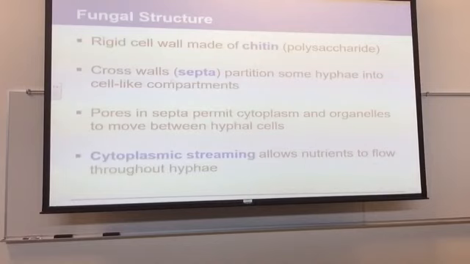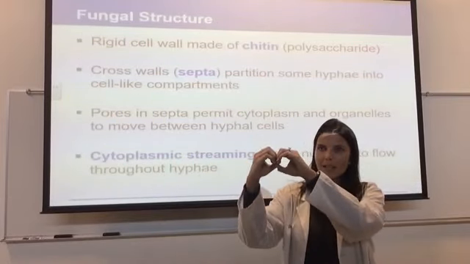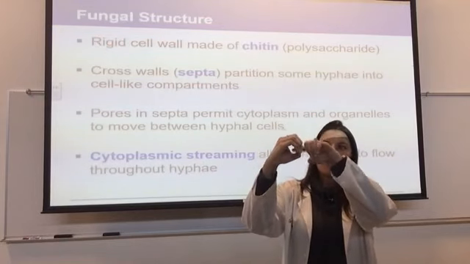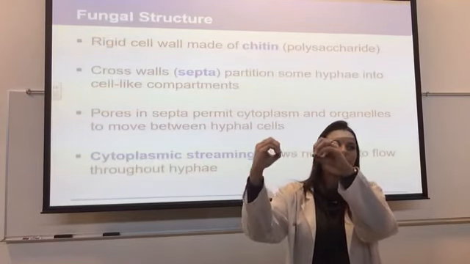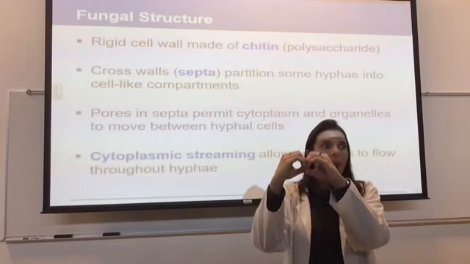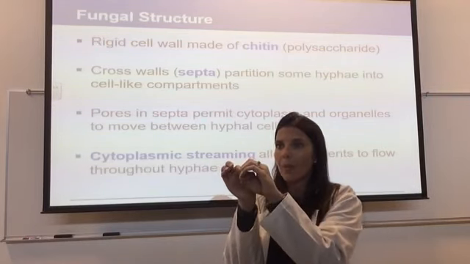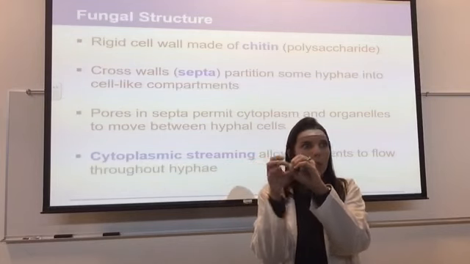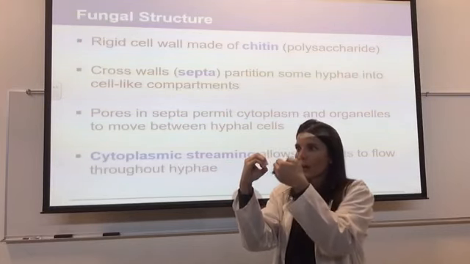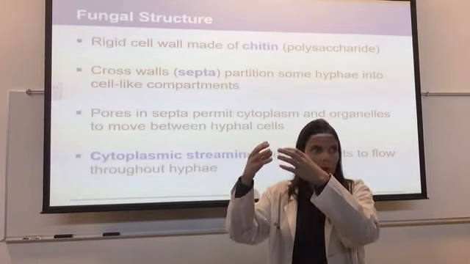So in plant cells, just for comparison purposes, plant cells have two distinct cells. I'm using circles just because that's the easiest shape for my fingers. But what's in this cell can't just flow over to this cell because they have separate cell walls. But when we studied plant cells, we talked about this little pathway called the plasmodesmata. It was a little pore that would allow water and nutrients to pass, because plant cells don't move themselves and water has to travel up.